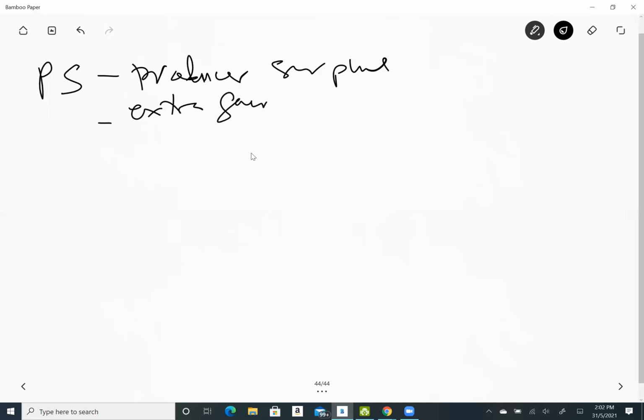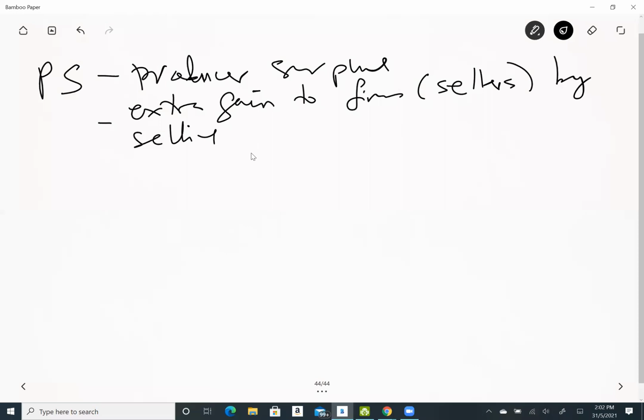Extra gain to the firms or the sellers from the exchange. So we can say by selling XE, the equilibrium quantity or the market quantity at the equilibrium price, there is an extra gain to the firm.